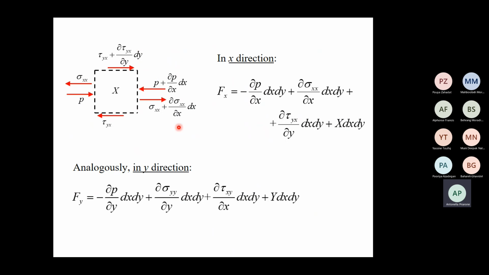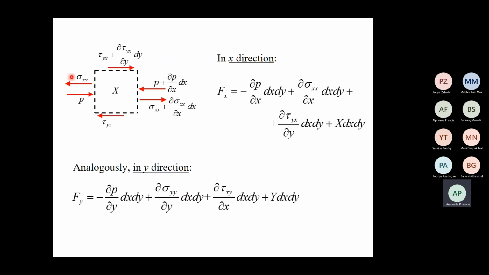Here a sketch in which I have only the shear stress, the normal stress and the pressure for the x direction. So I have a pressure P that goes towards my volume from left to right at the coordinate x, and then I have a P component from right to left at the coordinate x plus dx, that is this one, P plus derivative of P in dx.